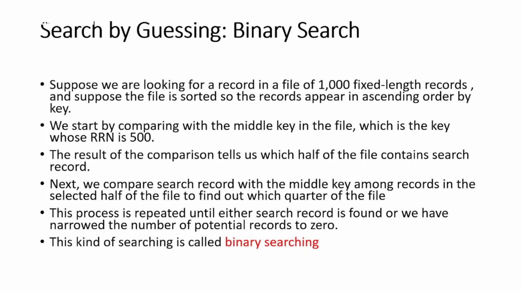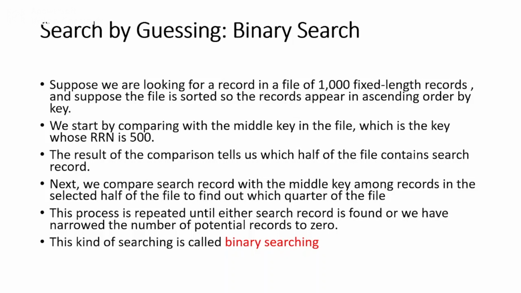The result of the comparison tells us which half of the file contains the search record. Suppose the RRN you want to search is greater than 500, then it will go to the right half of your file, and if your RRN is less than 500, it will go to the left half of the file.